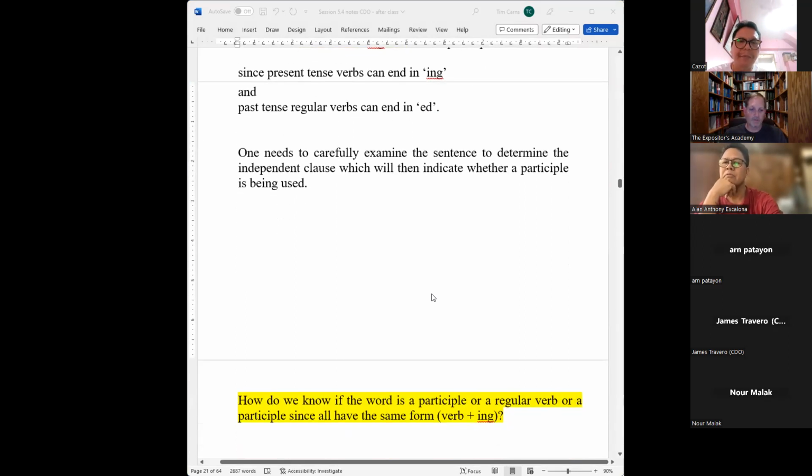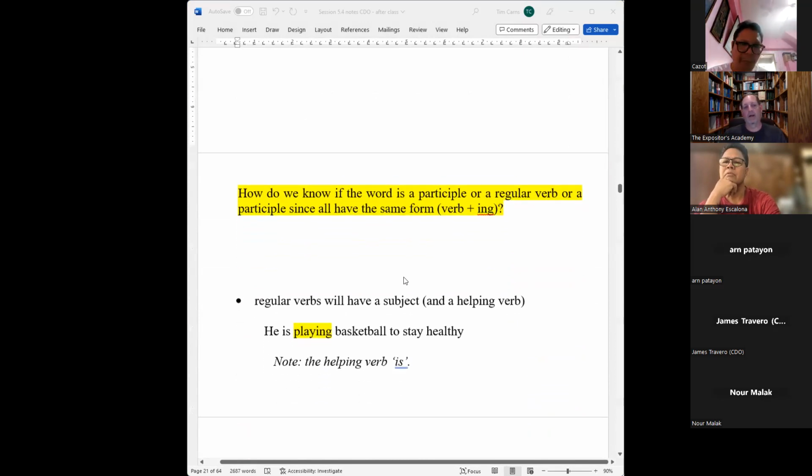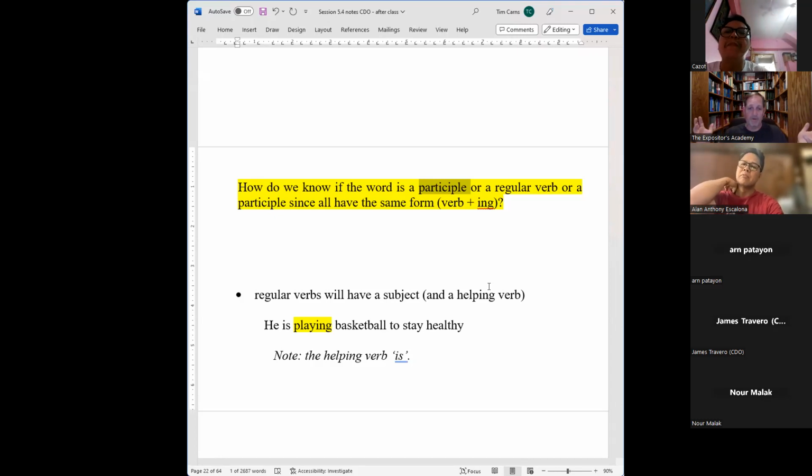That's basically a simple way to think of them. So how do we know if we have a participle? That's the big question. Or is it a regular verb? It looks like a participle, but it's acting like a verb, or is it something else?